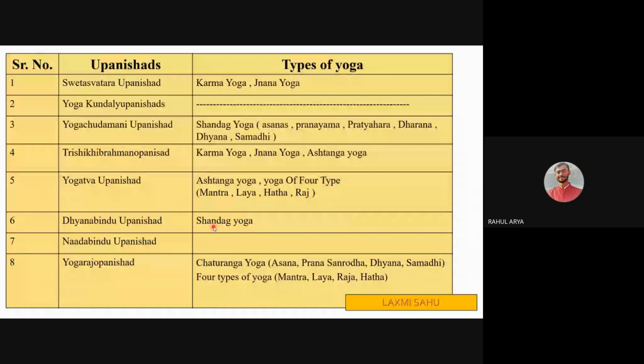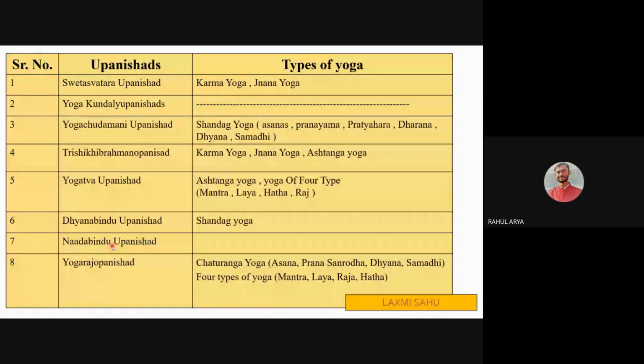They excluded yama and niyama. It is understood automatically that yama and niyama are already in their life, according to them. That's why they are not mentioning yama and niyama.